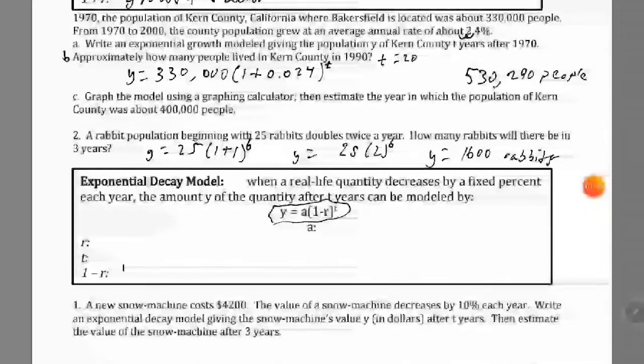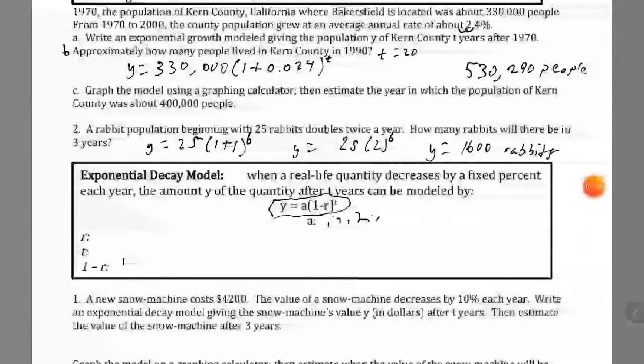My A value is still my initial amount. Rate is the decay rate this time, because this is the exponential decay model. T is still time. And this is the 1 minus r decay factor.